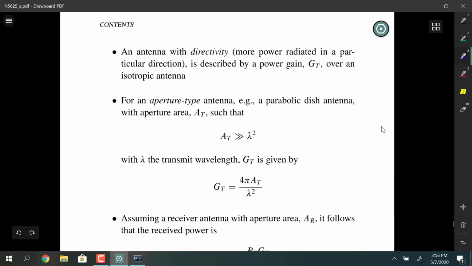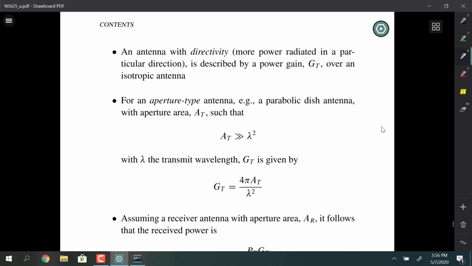But if we go with a different type of antenna, one that's got directivity, so that one can put power gain in a particular direction, then we define that as having some gain over an isotropic antenna. So the isotropic is the equal radiation in all directions.